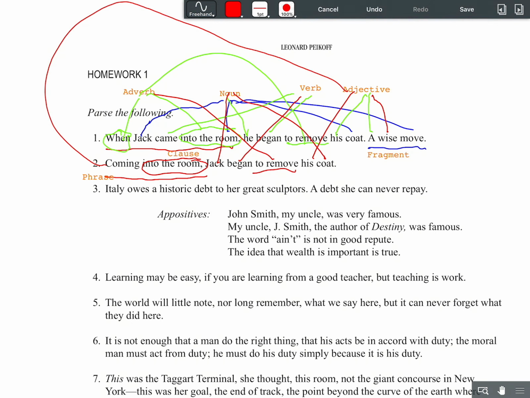It's sort of like "red colored, Jack began to remove his coat." That would be saying that Jack is red colored. The red colored Jack would be telling you something about the Jack. This is the coming-into-the-room Jack. I think that's how it works. Again, I wouldn't actually write this way.